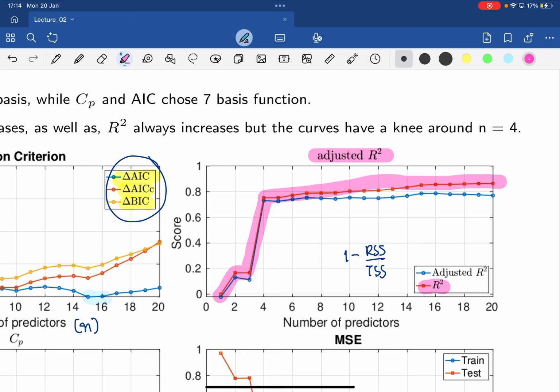What it is suggesting is that with this R square, the higher number of predictors is the better, which is telling you nothing, because everything here is computed in the training phase. Of course, in training, the higher the number of complexity parameters, everything will give you a better result anyway.